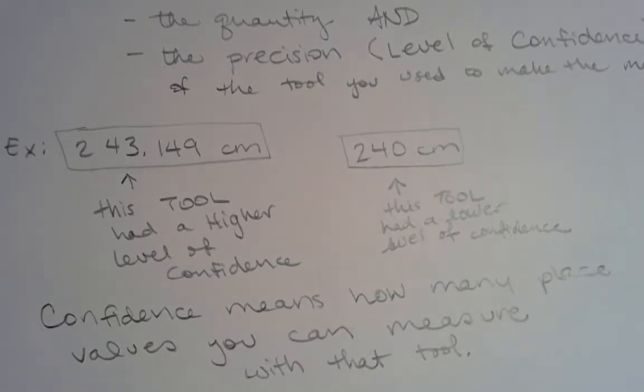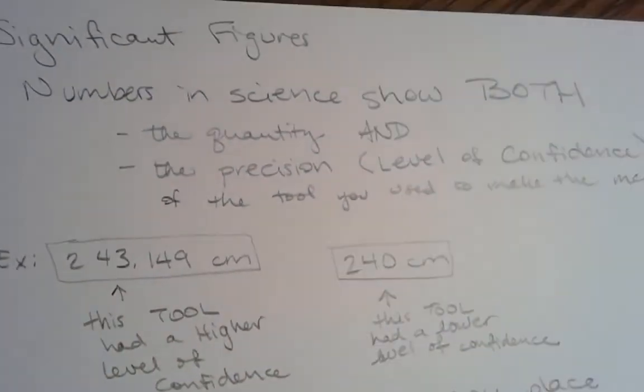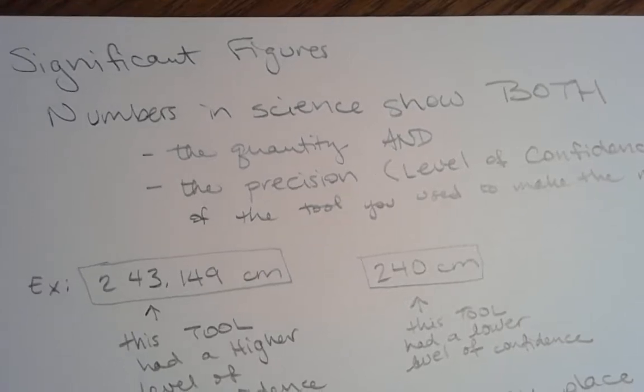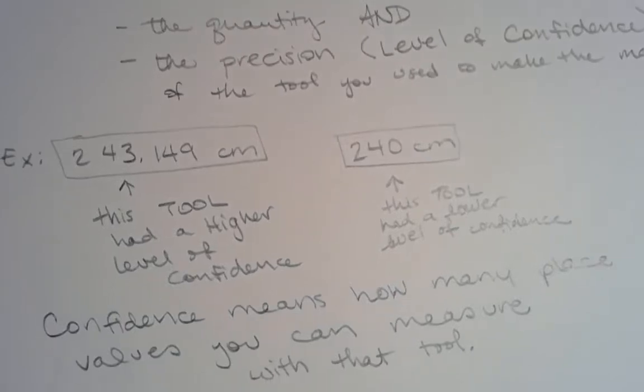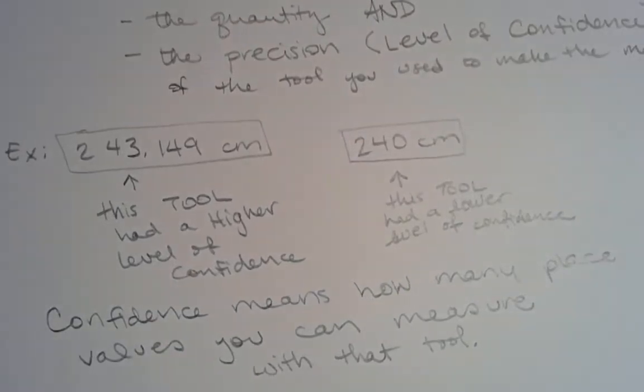And I think our next step is to get into linking these things together. So we started with the word significant figures. We've been talking about level of confidence of your tool. And let's just merge those together.